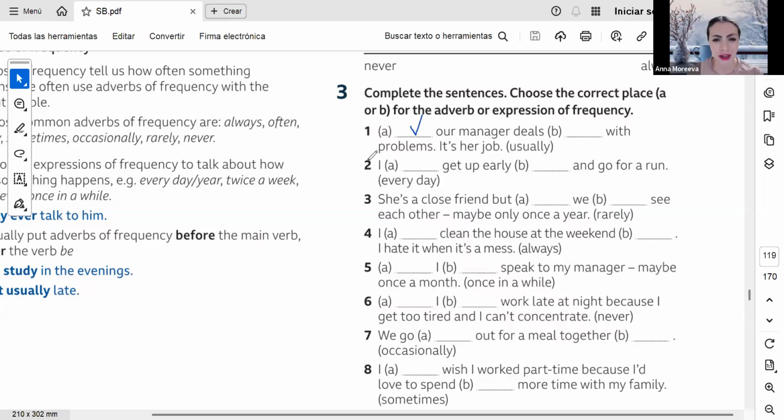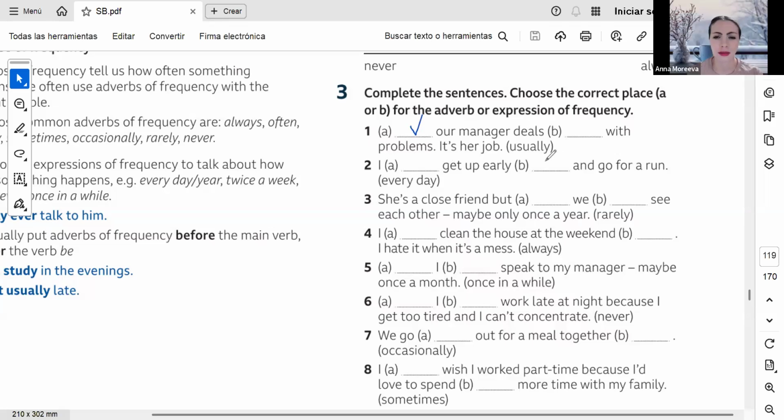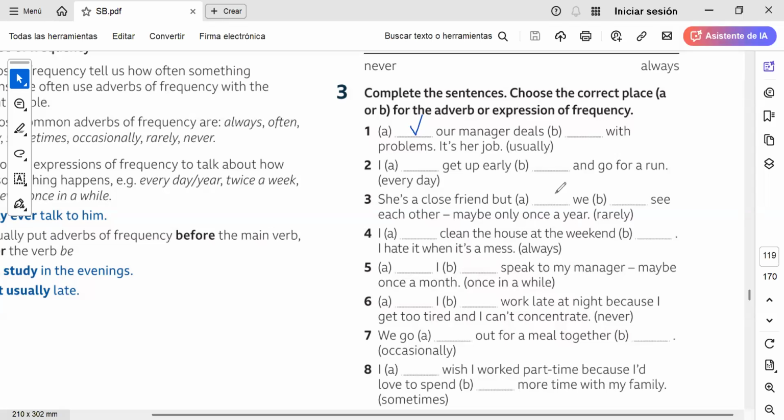Number 2, every day. I get up early every day. So what sounds better? I every day get up early, or I get up early every day? I think I get up early every day.